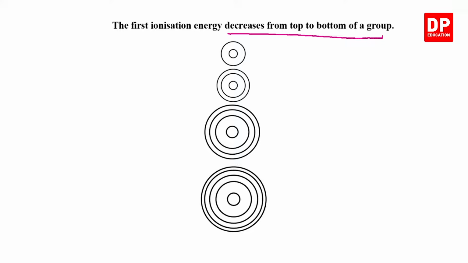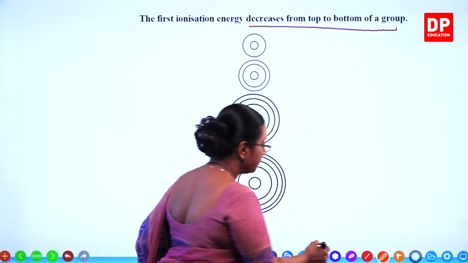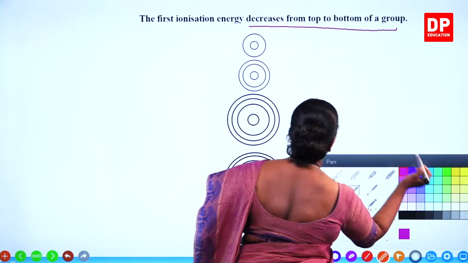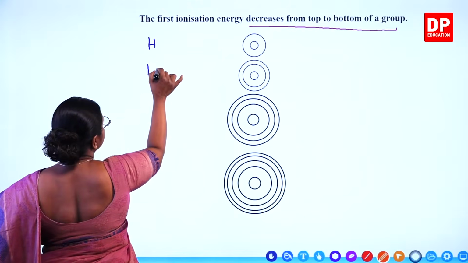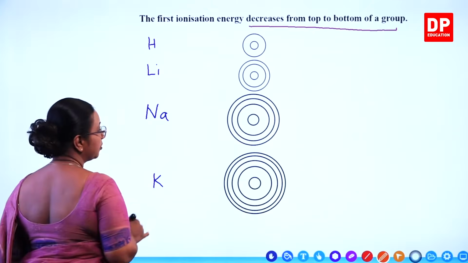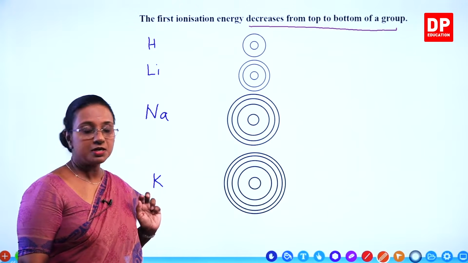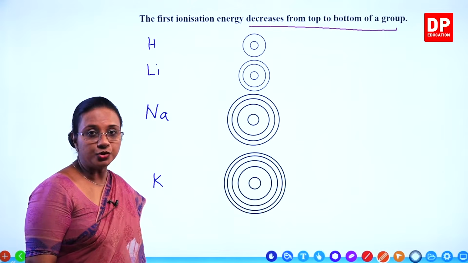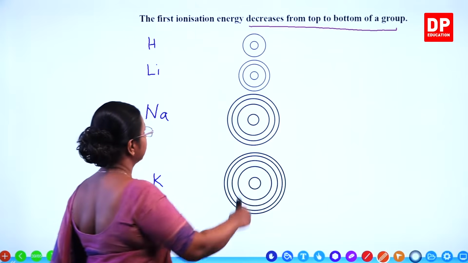I will take the first group of elements as the example. So we have hydrogen as the first element, then lithium, sodium and potassium. By now, you remember the atomic numbers, so you are able to arrange the electrons into their energy levels.